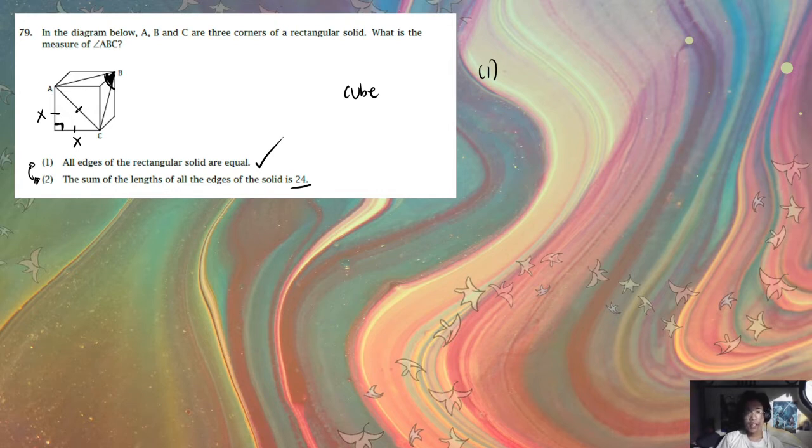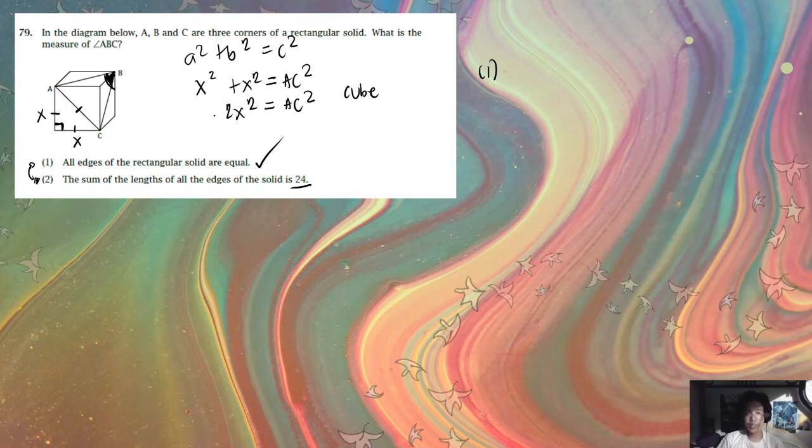To find the measurement of its diagonal, we use the Pythagorean theorem: x squared plus x squared is equal to AC squared.